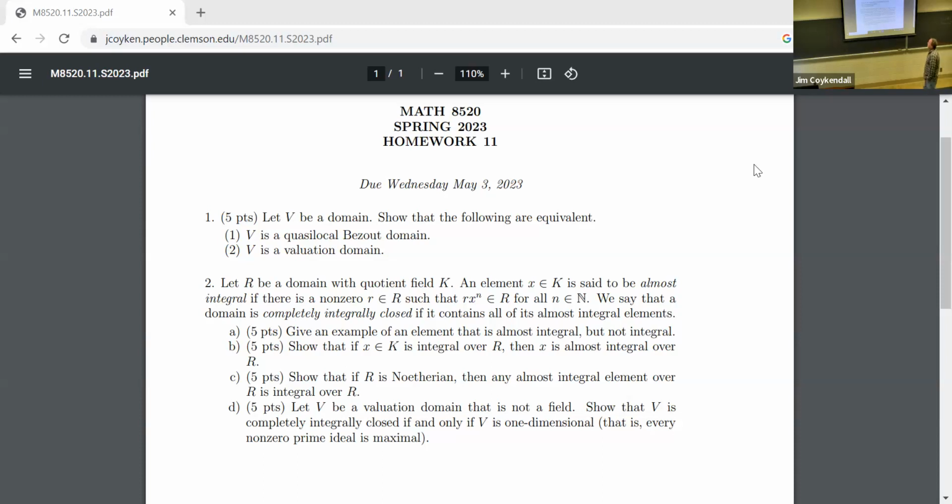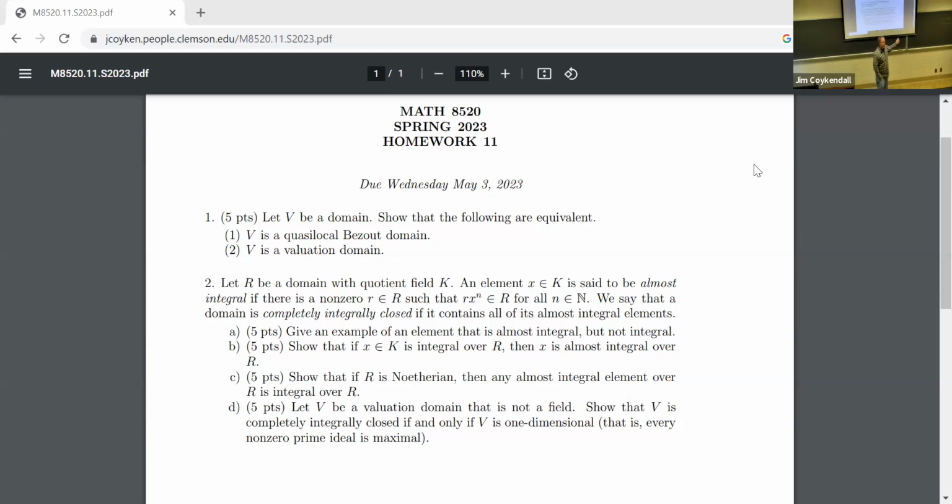And it is. Number two: let R be a domain with quotient field K. Now, last time, Grant told you what it means for an element to be integral: it's the root of some monic polynomial with coefficients in R. Here's another definition. An element x in the quotient field of R is said to be almost integral if there's a non-zero r in R, which I like to call the anchor, such that r times x to the n is in R for every n.